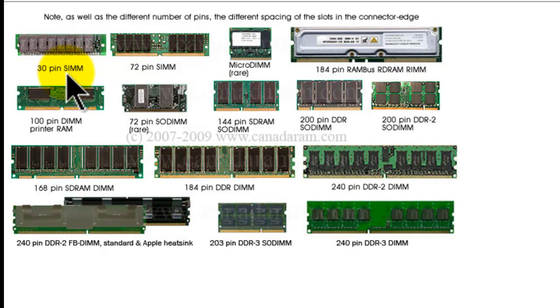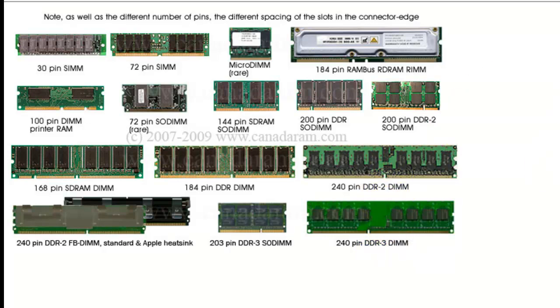We have a 30-pin SIMM, 72-pin SIMM, and micro DIMM. That little one is mostly for laptops. And then another type of RAM for a desktop, with 184 pins, and so on. So we have DDR1, DDR2, and DDR3. It could get a little bit confusing.